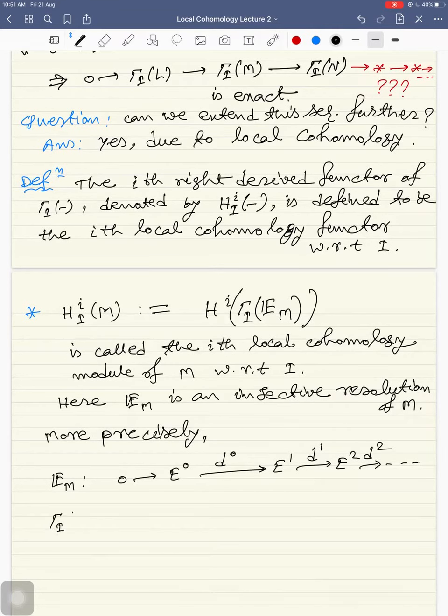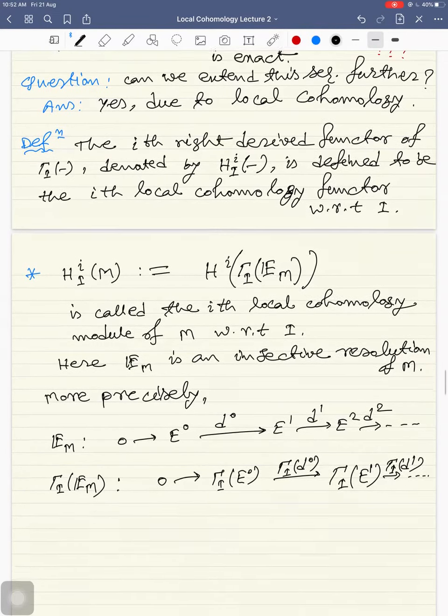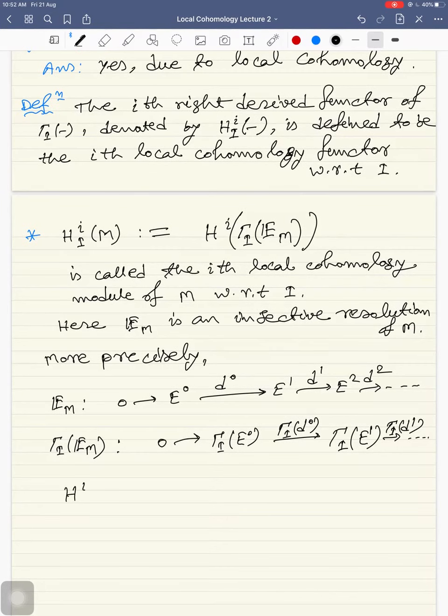Then you apply that I-torsion functor on this. What you get is a quotient complex. These maps are gamma I of d0, gamma I of d1, and so on.